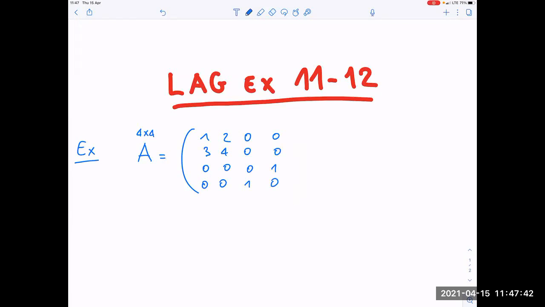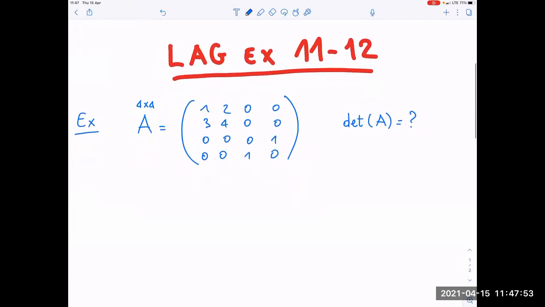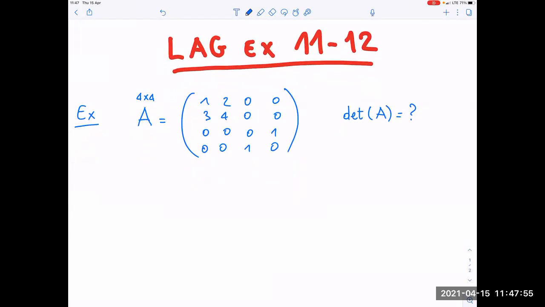So let's start by computing the determinant of this one. We'd like to know what is the determinant of matrix A. You can compute it as you prefer. And then we'll play with the question of taking a real number lambda. So this is the first task.